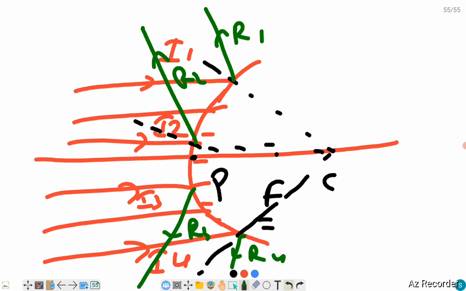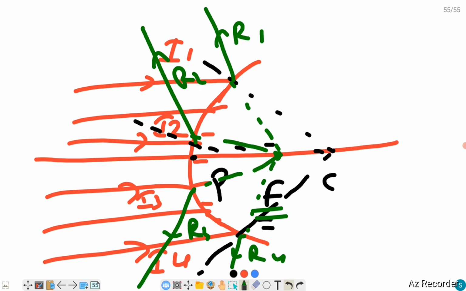So what have we done in the plane mirror? We have extended them behind the mirror. Now these also I am extending behind the mirror. If you draw carefully, it will come. Now this is the point where they are meeting. This point is called the focus.